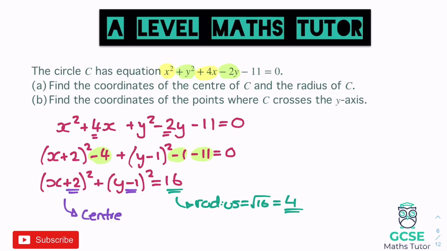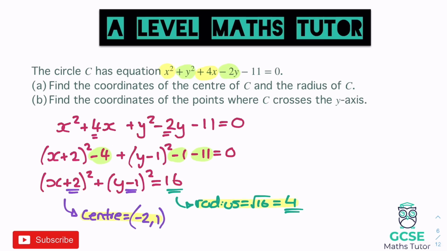The first coordinate is positive there, so that must have been negative. So -a, that becomes -2. Sorry, take away -2 is +2. And then the other one there must be +1, take away b, so take away 1, +1, and there we go, our centre is 2, 1. So there's our first two parts there again. We've got the centre is -2, 1, and the radius there is 4.